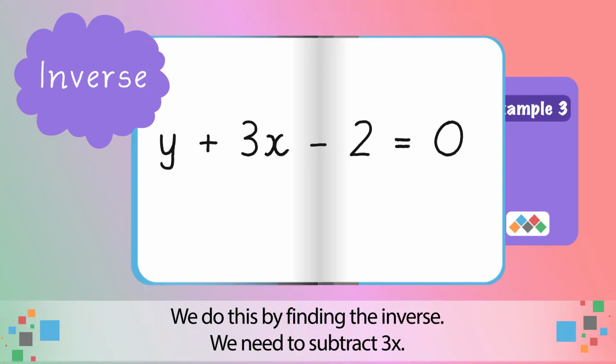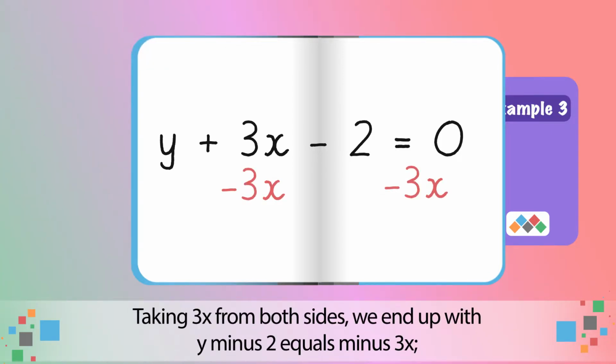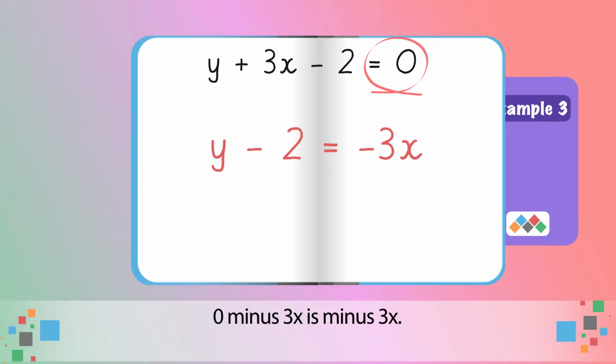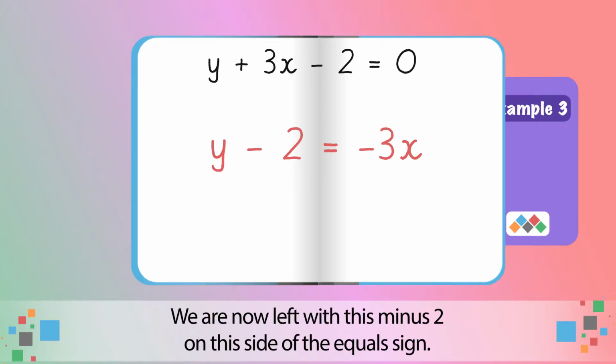We need to subtract 3x. Taking 3x from both sides, we end up with y minus 2 equals minus 3x. 0 minus 3x is minus 3x. We are now left with this minus 2 on this side of the equals sign.